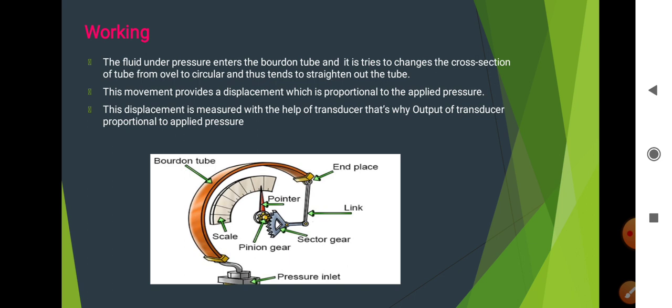This movement provides a displacement of the pointer which is proportional to the applied pressure, and this displacement is measured with the help of a transducer. It is converted into an electrical signal, that is current or voltage, and this output represents the applied pressure. This is the very simple working of the Bourdon tube.